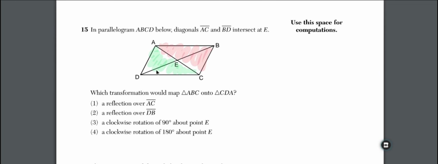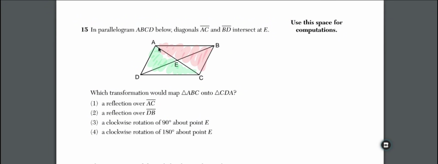So they're asking which transformation is going to let us reach this point where triangle ABC would be mapped onto CDA.